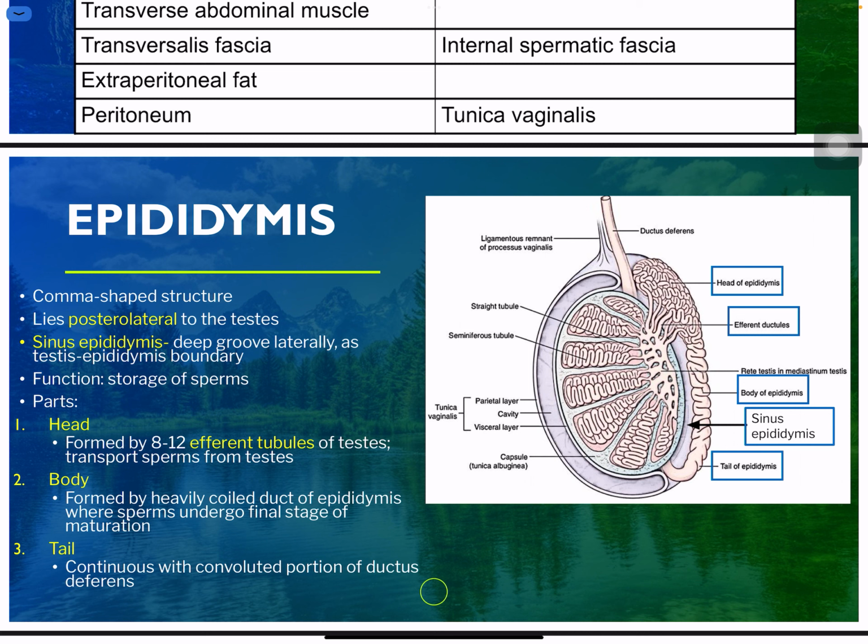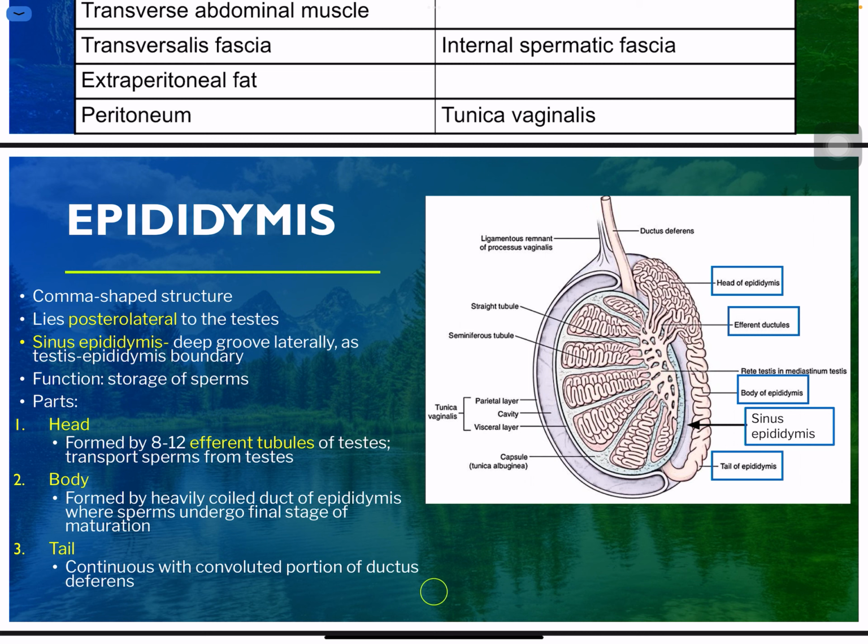Okay, then ductus deferens or vas deferens after the epididymis. Testis, epididymis, then akan jadi vas deferens. A straight thick muscular tube derived from the mesonephric duct. Remember, it connects the epididymis and prostatic urethra via the ejaculatory duct.